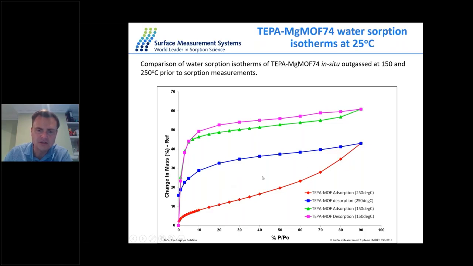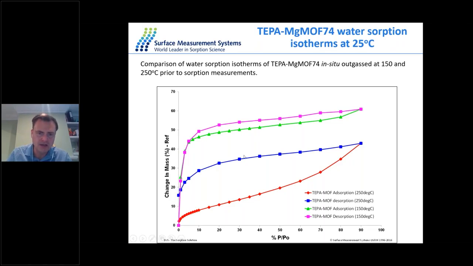Water is not coming out of the material, so the structure of the material was affected by the outgassing conditions. So the message from this is that outgassing of the MOFs is very important, but the choice of outgassing temperature is also very critical. Basically, as you can see here, you can get very different adsorption capacities for the same material depending on outgassing temperature.